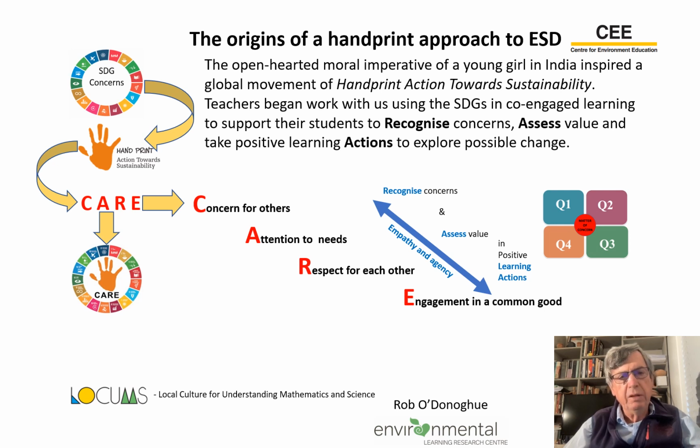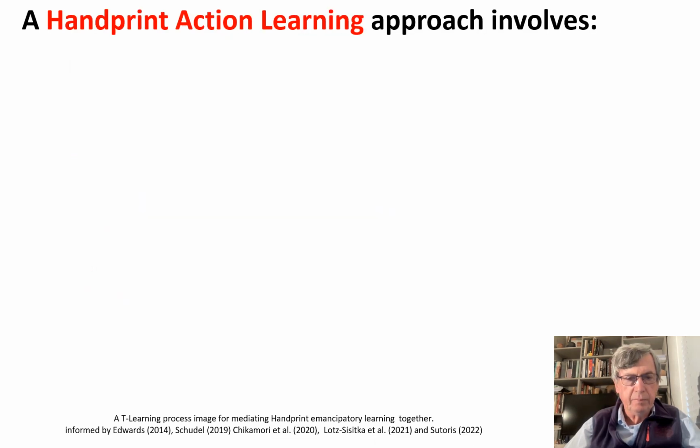And what we found that the teachers began to develop was a four-quadrant approach, a sort of four-step approach, if you like, involving the stories to start up, to recognize things, then inquiry to begin to assess and to understand things, and then doing things together. And these could happen in any order.